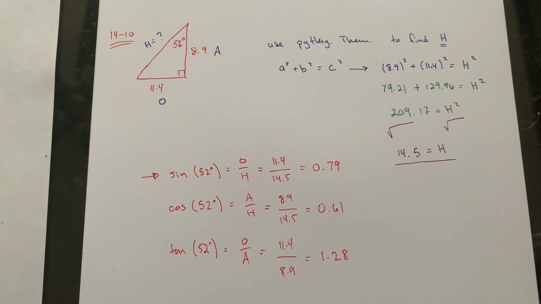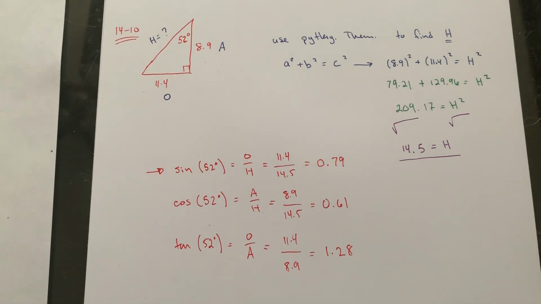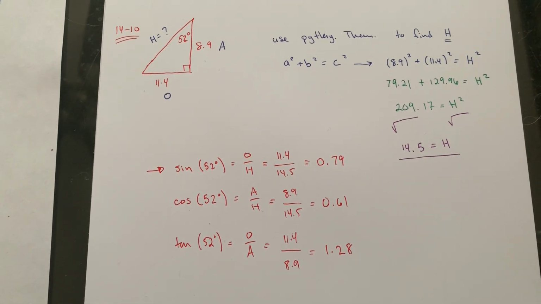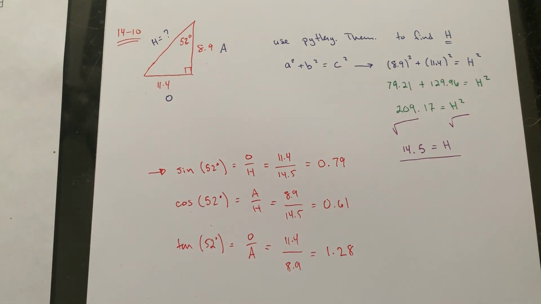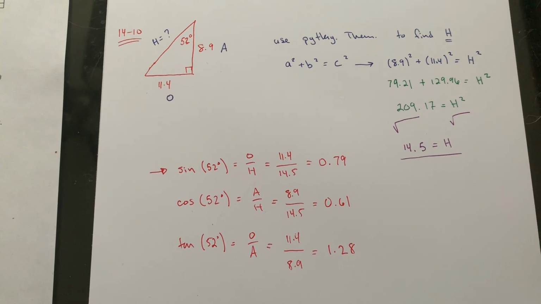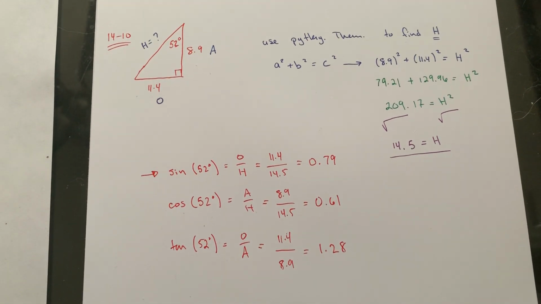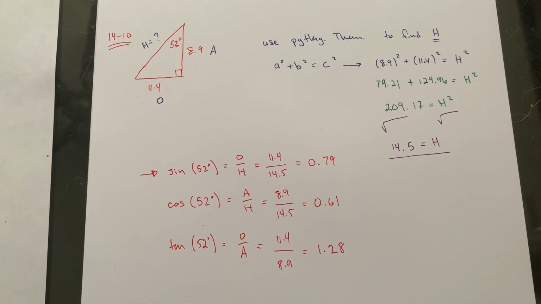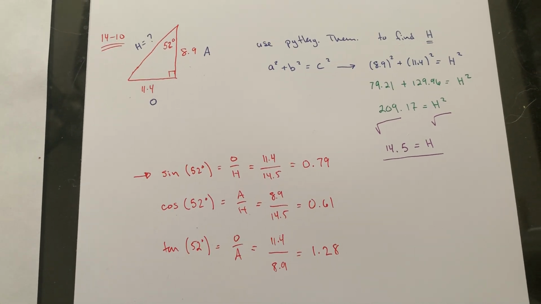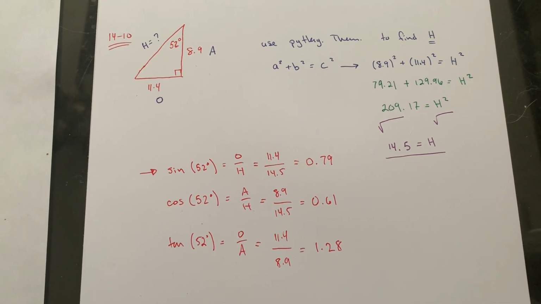And if you give your calculator 52 degrees and you do a sine value, you're going to get a number. Hopefully it would be 0.79. That would be a good sign, no pun intended, that your calculator's in the right mode and everything is working correctly. But we're just doing the ratios here. We could have just as easily used a theta instead of a 52. We're not necessarily trying to use the 52 here. It's just a different way of showing it.